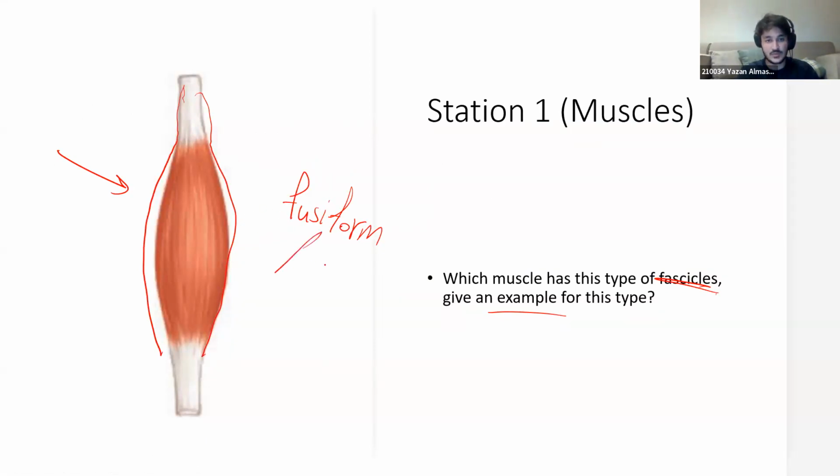We have two examples mentioned for fusiform: digastric and biceps. The exam could either ask, for example, what type of muscle is this, and the answer would be fusiform, or ask you to give an example for this, and it would be digastric or biceps.